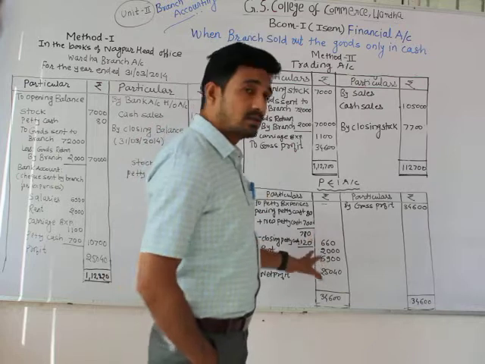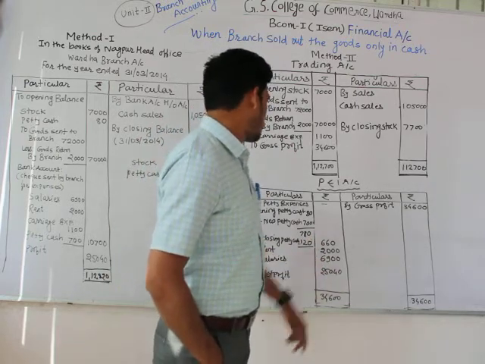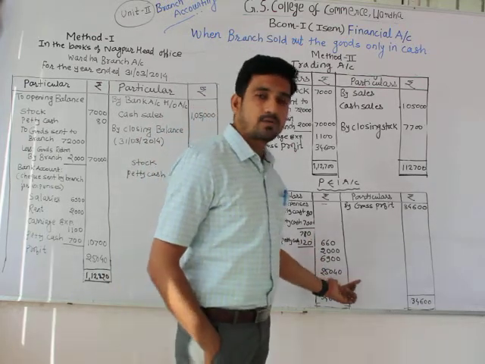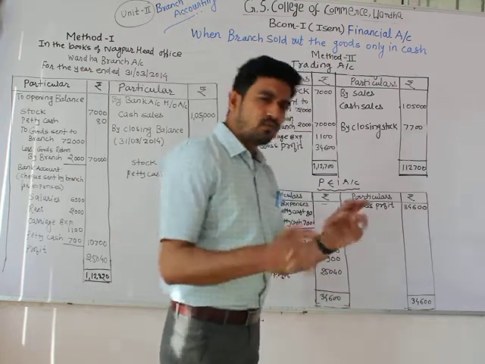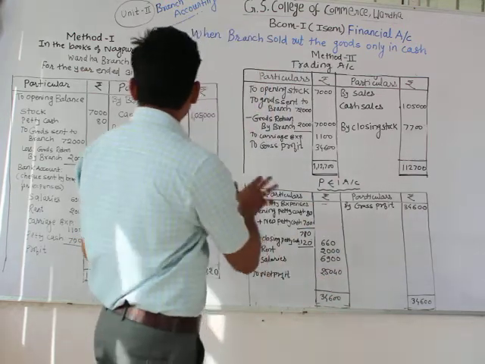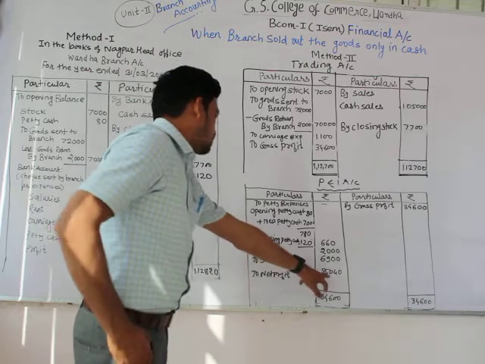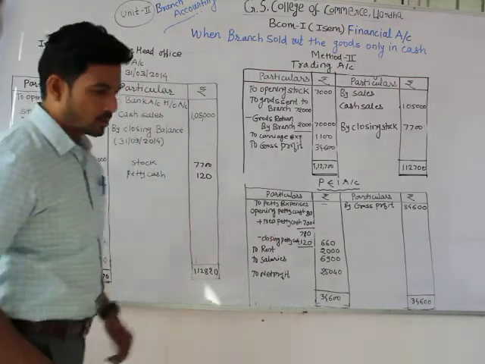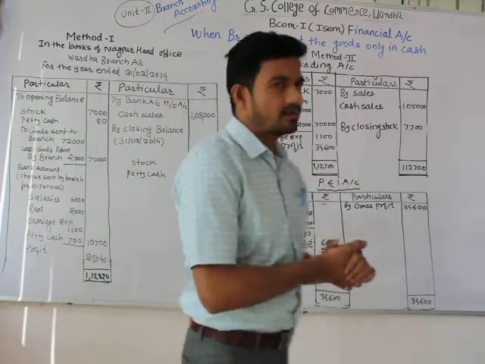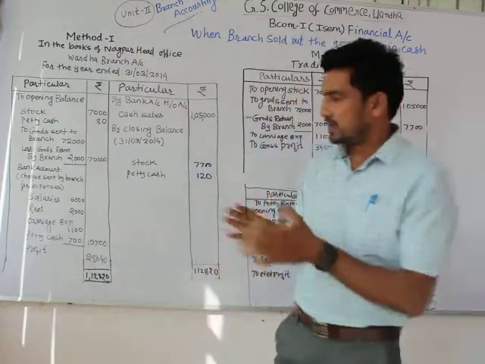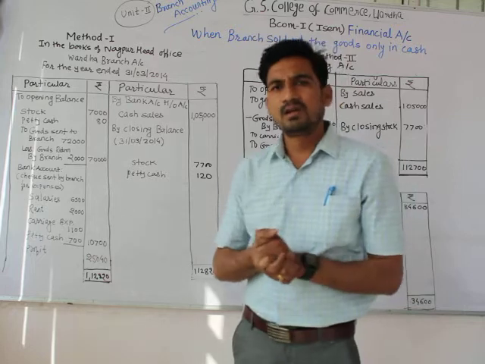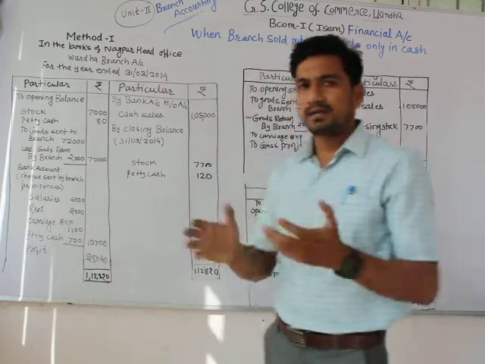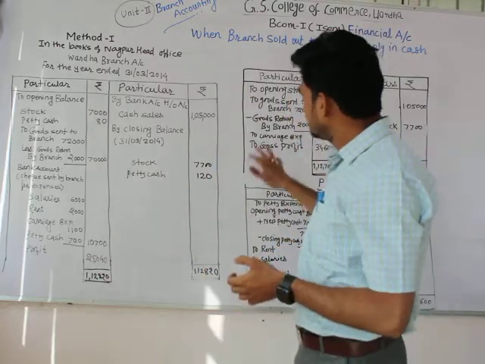This side is more than this side, and the difference is 25,040, so it will be called net profit 25,040. If you match the profits within these two methods, here also we got 25,040 and here also we got 25,040. So it is certified that either with this or that method we got the same net profit answer, and that is the ultimate answer of this first problem.